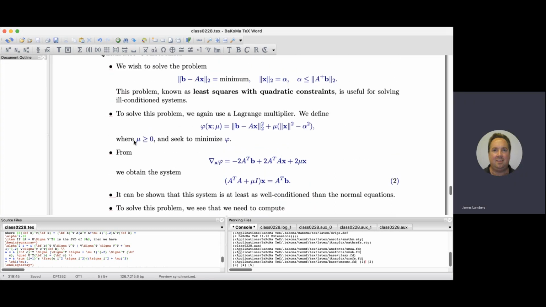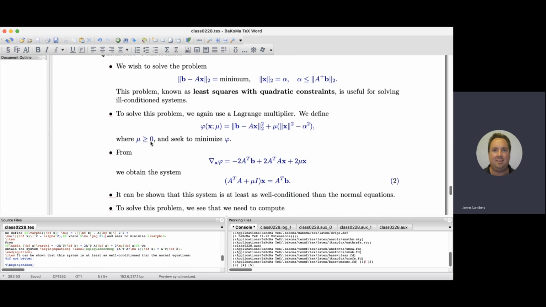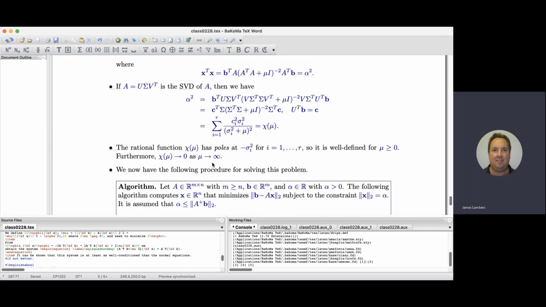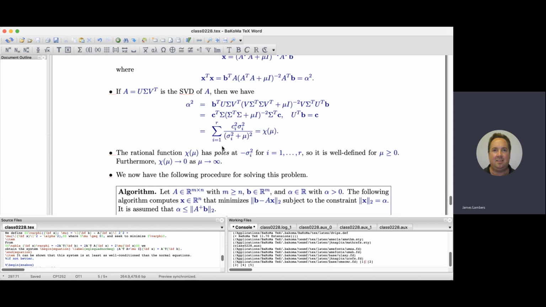And I should mention that this assumption on mu was defined at the beginning, since this matrix being better conditioned than A transpose A can only hold if mu is non-negative. Also, as mu goes to infinity, the denominator would overwhelm the numerator, and chi would go to 0.